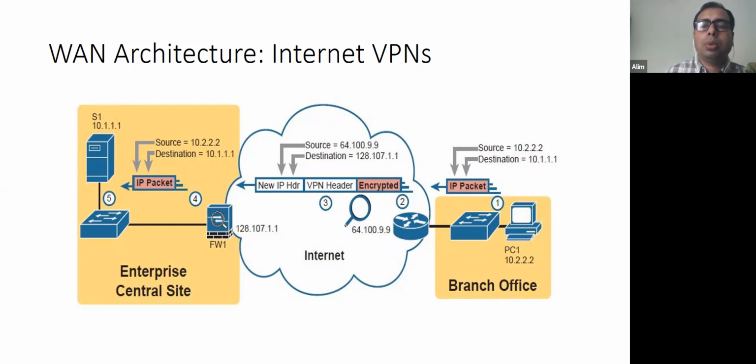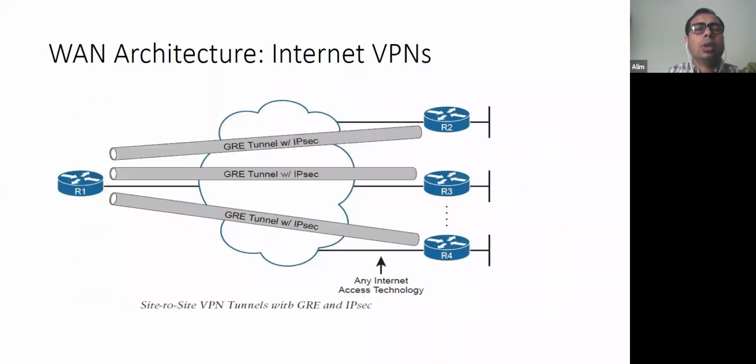However, if you use encryption with a strong algorithm and strong encryption key, in that case, no one will be able to see the traffic. Okay, they will see the source and destination only, not the actual traffic. So tunnels are like this.